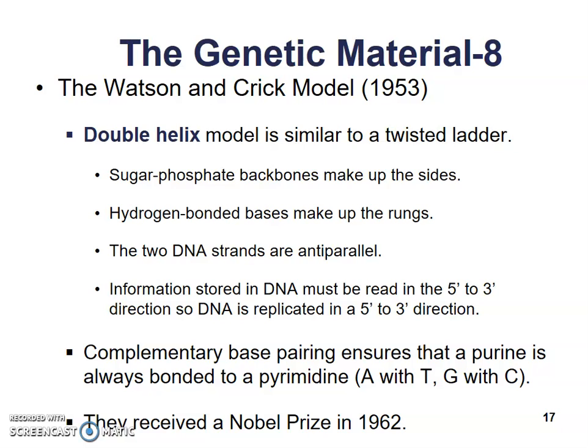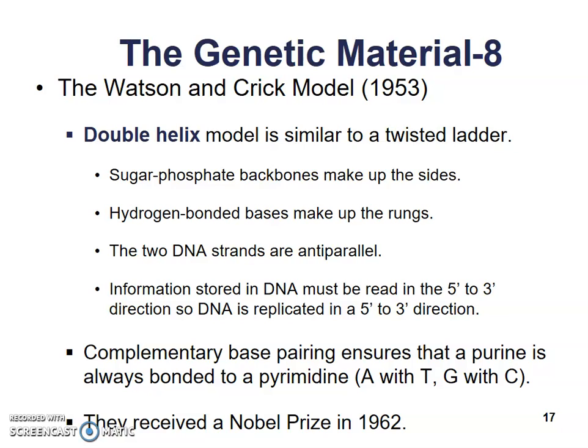And they discovered that in their model, DNA must be read in the 5' to 3' direction. That has to do with the way that the sugar molecule is pointing. So it's replicated in that 5' to 3' direction, which we'll talk about more later.